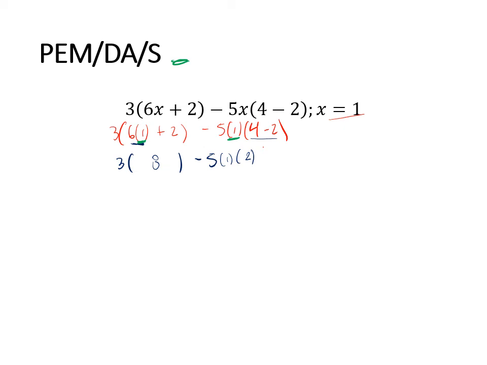So now we have 3 times 8, which is 24, and then we're subtracting from that 5 times 1 times 2, which is 10. So now all we need to do is say, we have 24, we're going to take away 10, so we're left with 14. So 14, oops, sorry, I almost crossed it out there. That is the answer to this. That is how you evaluate this expression.